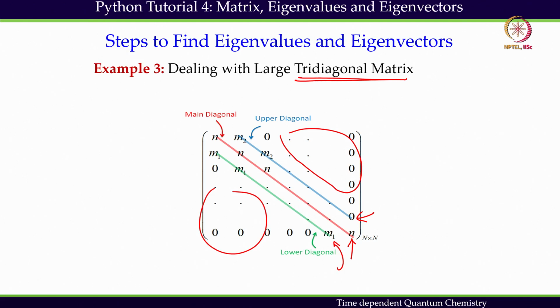So, if you are dealing with a very large tridiagonal matrix, it is better not to directly use this matrix and find out the eigenvalue and eigenvector with the help of this construct. We should not do that. We should use some other technique which would be more computationally time effective.